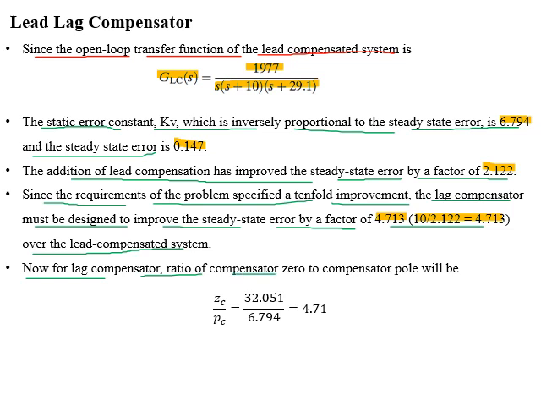In the lag controller, we add a compensator pole and zero. The pole is near the origin and the zero is near the compensator pole.